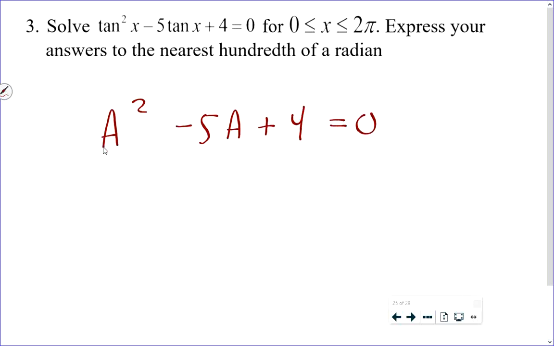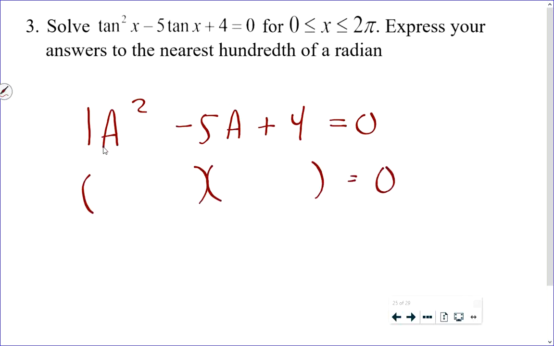This is a quadratic equation of what I call a simple form, type 1, whatever your teacher called it. The important thing to recognize is the coefficient of the first term is 1. The quadratic term has a coefficient of 1. So it's not even trial and error here.